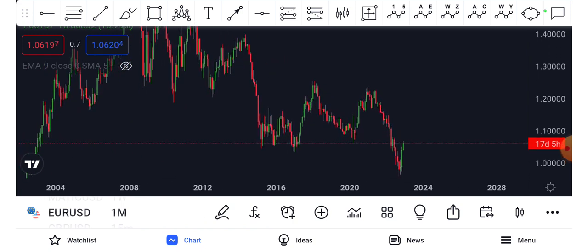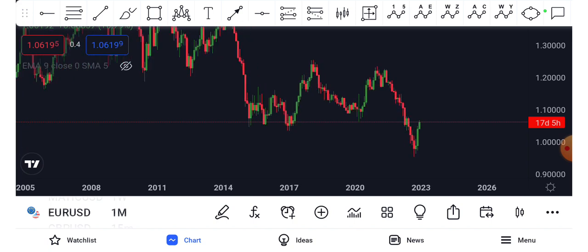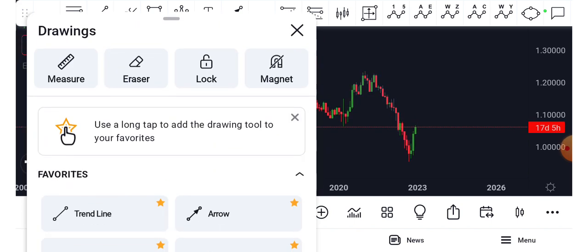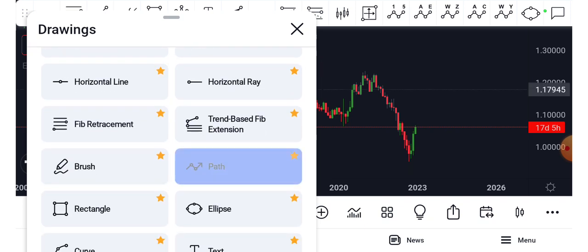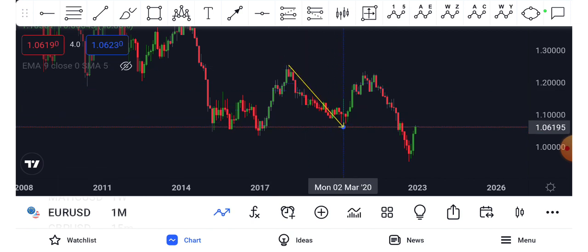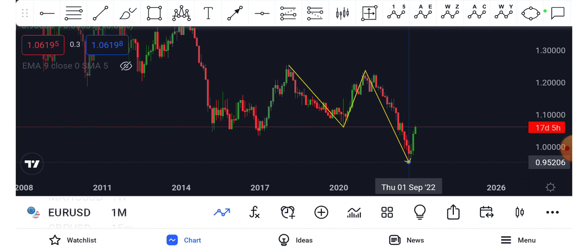So, zooming in, let us dissect the micro swing. We discovered that it started from here, came here, it started from here, came here.